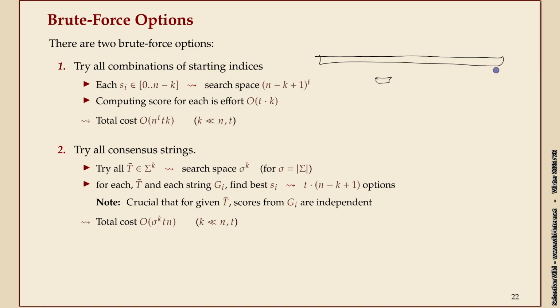The best match between these two strings will be somewhere, and you can try all the positions and just find the one that has the least Hamming distance. And the key is that you can do this independently for the different genes. So that's a bit better. And overall, still exponential, but at least no longer in all the parameters.